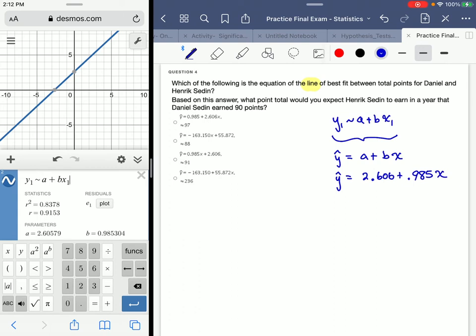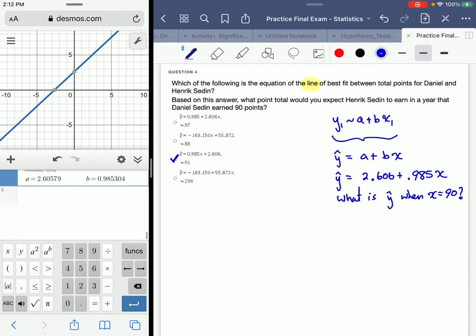I would be looking for the one that's closest to that. It seems to be this one, but there's that second part. Based on your answer, what would you expect Henrik to earn in a year that Daniel earned 90 points? So it's asking, what is y hat when x is equal to 90?